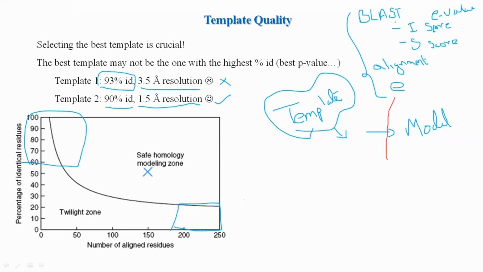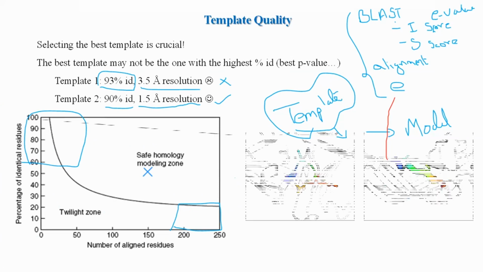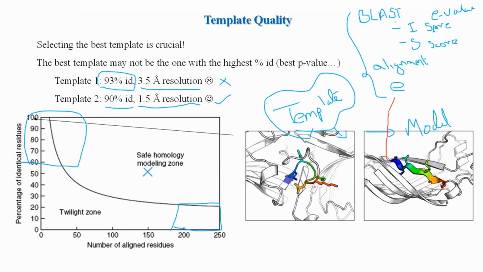You can see here, this is the selection with the alignment of the template and the target. You can see the colored one, with the good resolution structure template, like this second one, 90% identical and 1.5 resolution. This is a good one. And here we get 3.5 resolution. So not a right model.